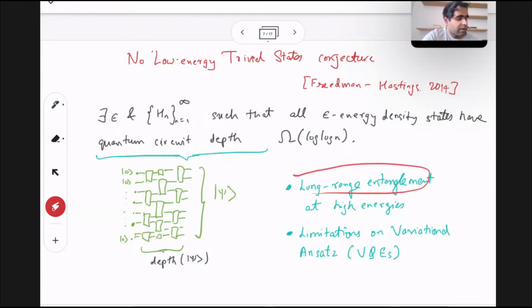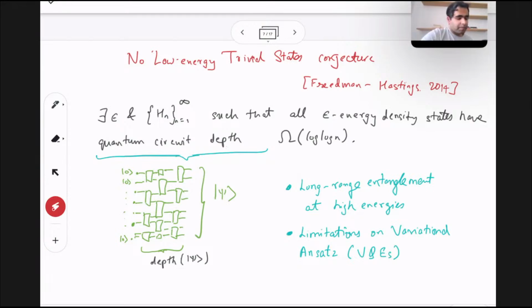So this conjecture is asking for a family of Hamiltonians which are entangled even at high energies or at high temperature, which the superconducting people in this audience might relate to, but it's not quite that, but it's sort of the same motivation.